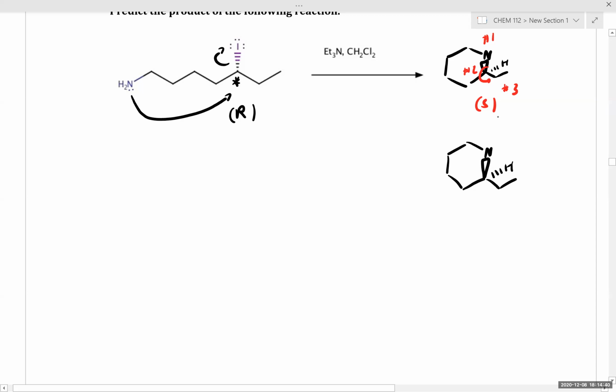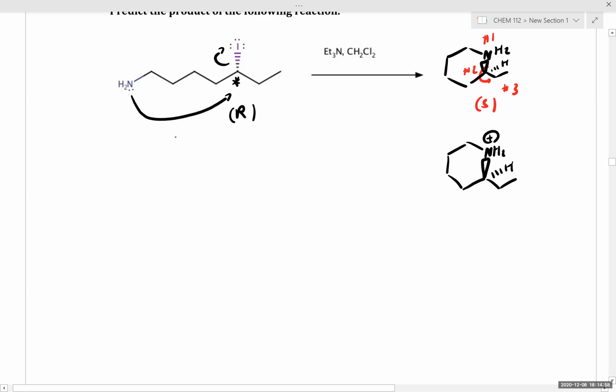So a few things to keep in mind. The Sn2 reaction occurs with inversion of stereochemistry, and it is a concerted attack of our nucleophile followed by loss of our leaving group.